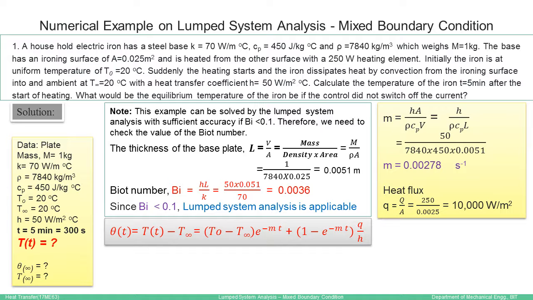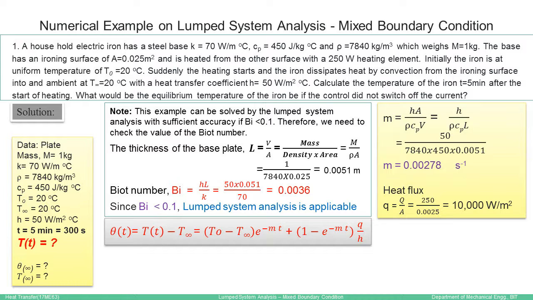Before substituting the values, we must know the m value calculated separately and also the q value, that is heat flux. m is given by h by rho Cp L. We have 0.000278 per second for m, and heat flux is capital Q by A, where heating element capacity is 250 watt divided by area 0.025 meter square. So we get q, that is the heat flux, equal to 10,000 watt per square meter.